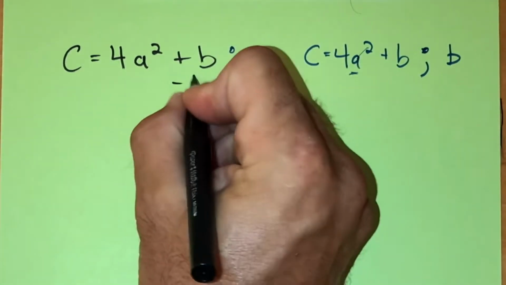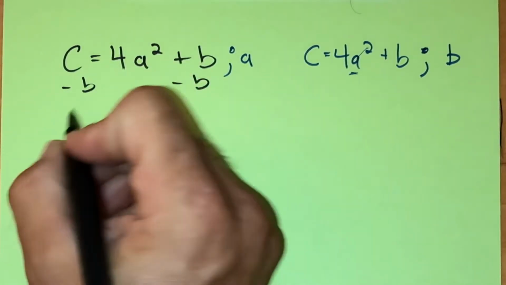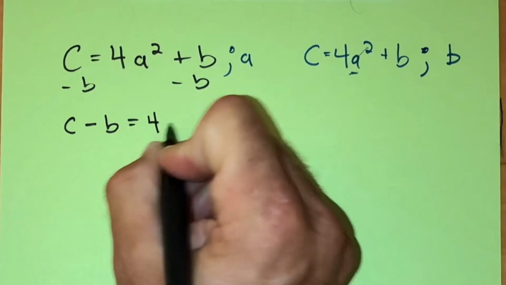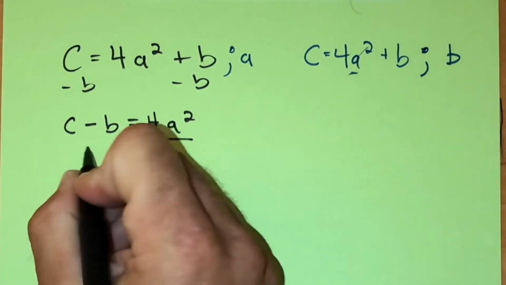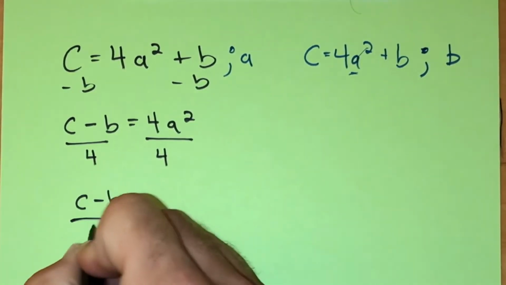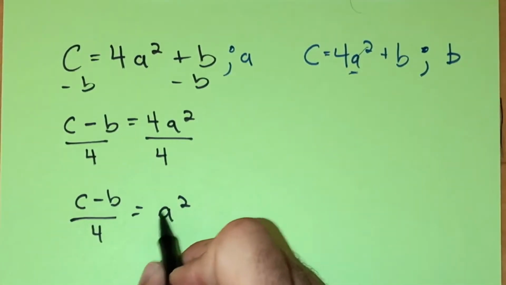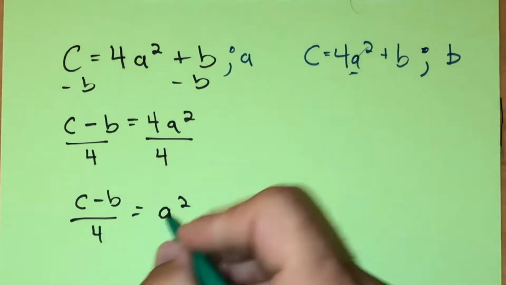So if we're solving for a here, we're going to subtract b from both sides. Now remember, c and b aren't like terms, so they have to be left as c minus b. Divide both sides by 4. c minus b over 4 is equal to a squared. This is why I wanted to show you: in order to get rid of a square, you have to take the square root.